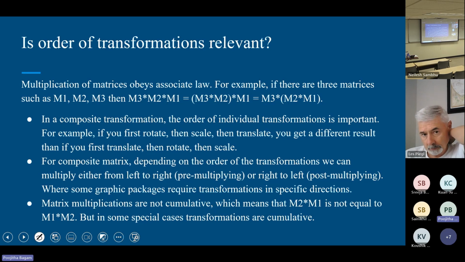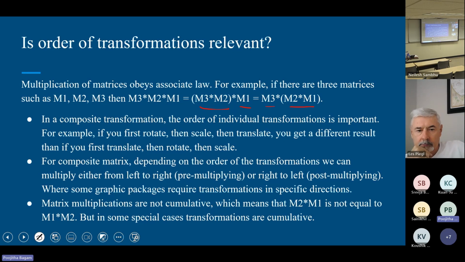When we multiply a point represented in homogeneous coordinates by such a matrix, the computations can be more efficient due to the regular structure of the matrix. The multiplication of matrices obeys the associative law. For example, if there are 3 matrices M1, M2, and M3, then the product of M3, M2, M1 is equal to the product of M3 and M2 and M1.